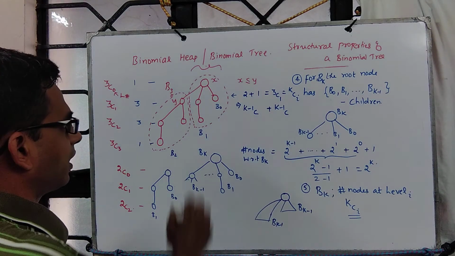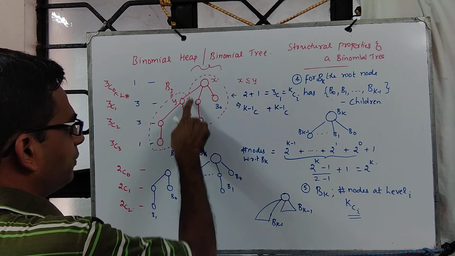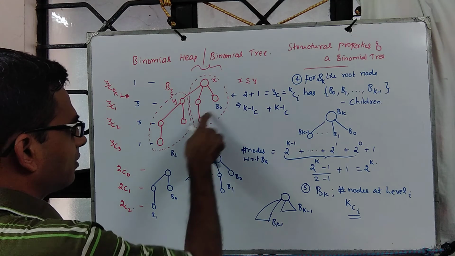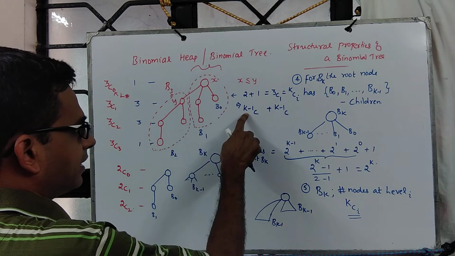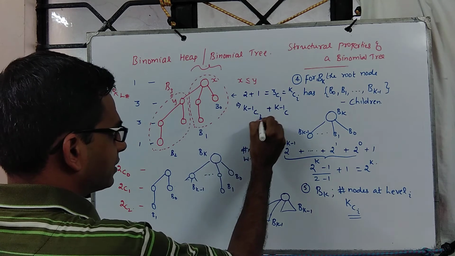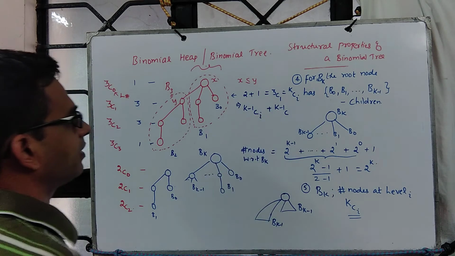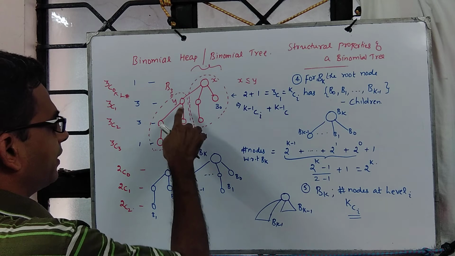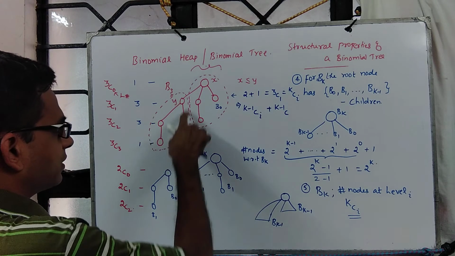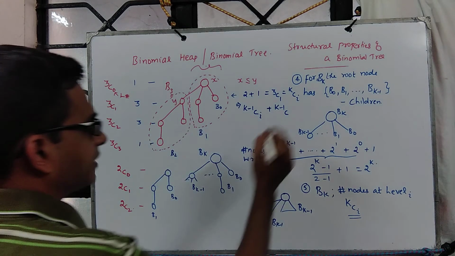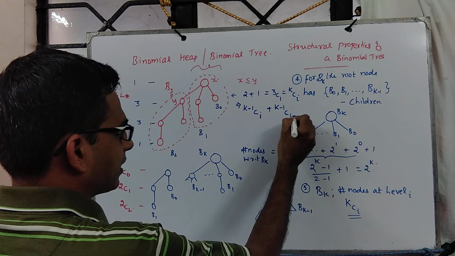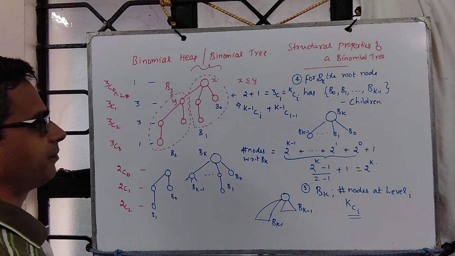Let's see. Now with respect to this BK minus 1, it is K minus 1 choose I, and with respect to this K minus 1, it is K minus 1 choose I minus 1, correct?